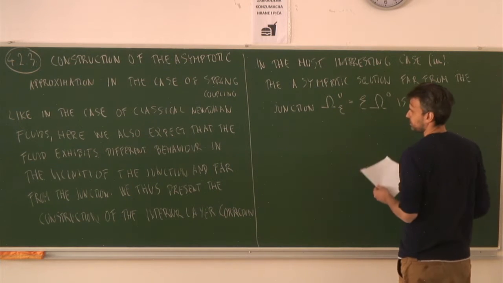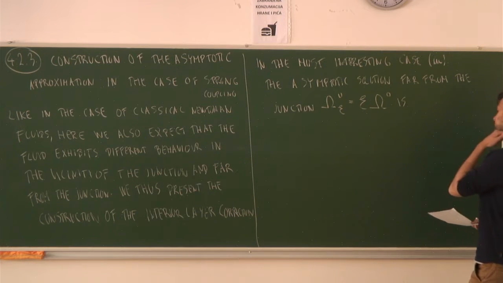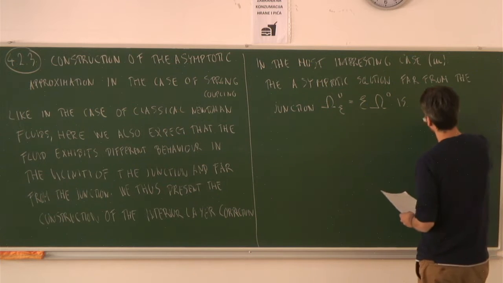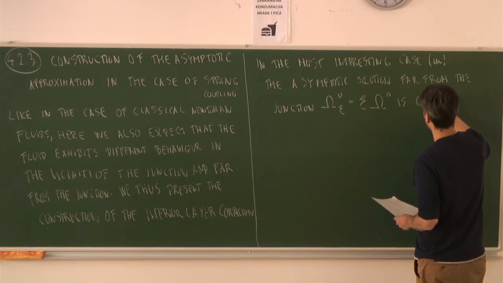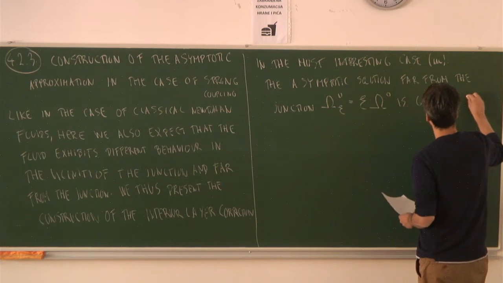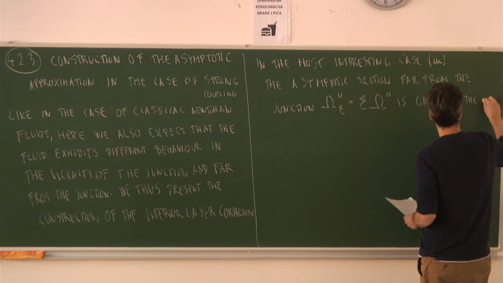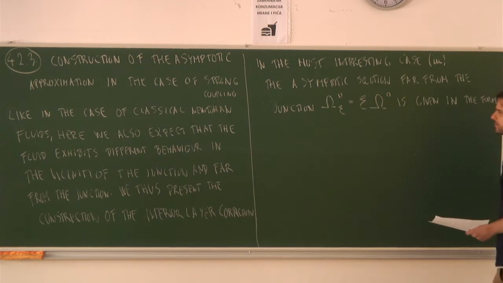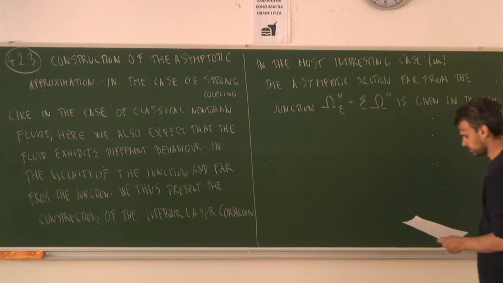All the notation is kept from the classical Newtonian case, so I won't repeat it. It is given only when it is necessary. It is given in the form, as I mentioned last time, of the micropolar Poiseuille solution.